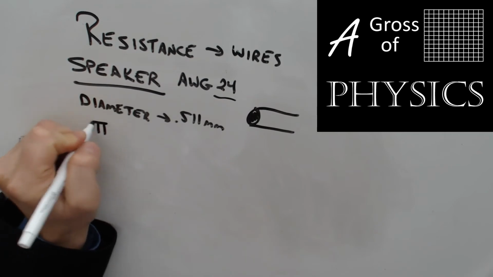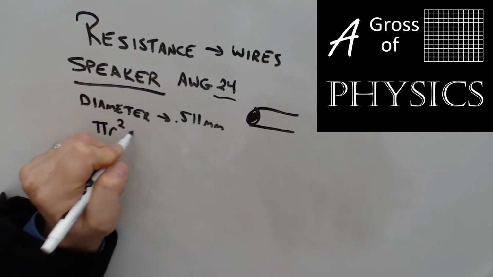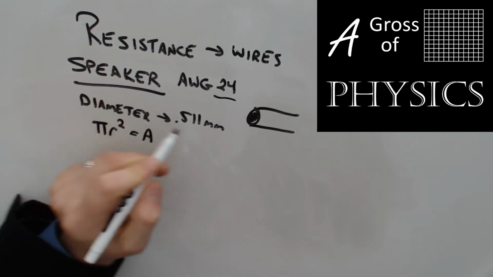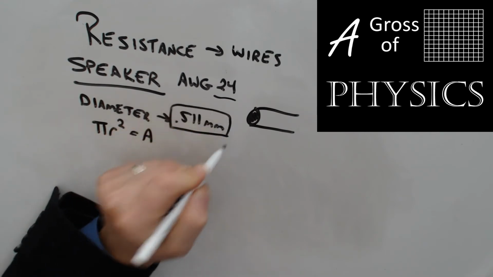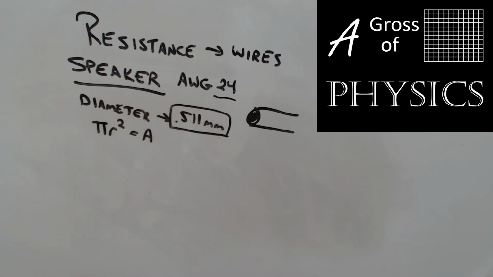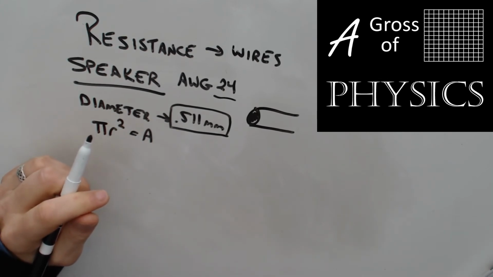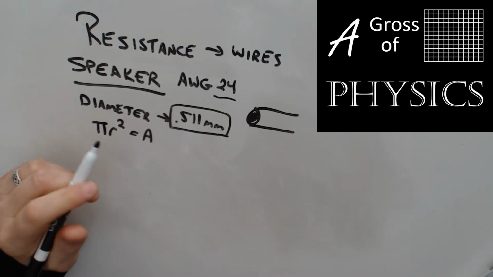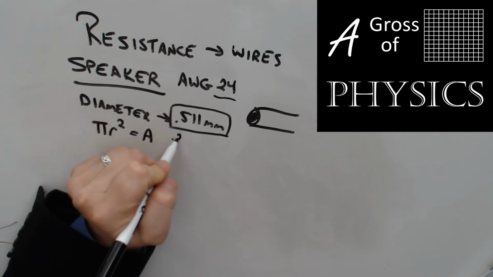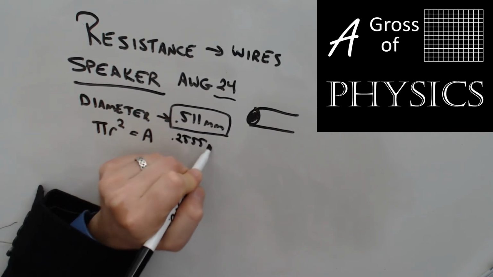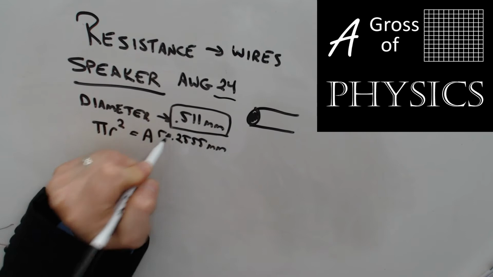So you're going to do pi r squared for the area. Now, 0.511 millimeters is the diameter, so I have to divide that by 2. So 0.511 divided by 2 is 0.2555, so 0.2555 millimeters is the radius.